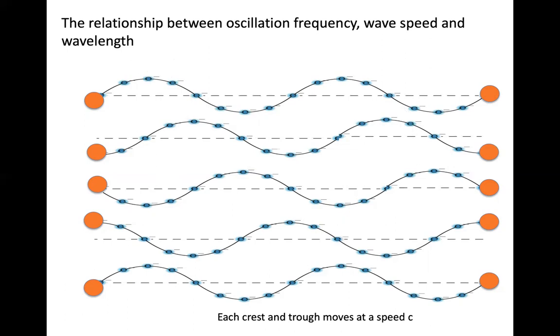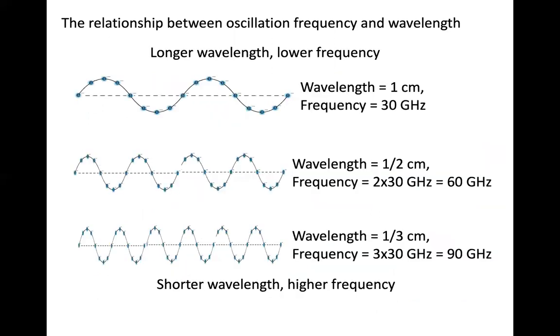It turns out the speed at which this wave propagates is independent of its wavelength or its frequency. It's just a constant of nature, and it's a conventional thing called the speed of light, which is indicated with the letter c. We'll get into what the numerical values are later. What this means is there's a relationship between wavelength and frequency.